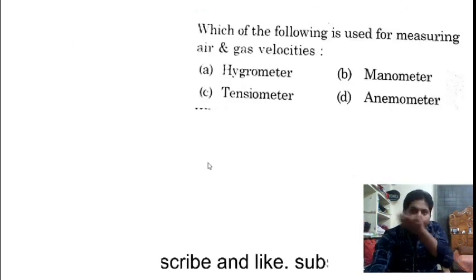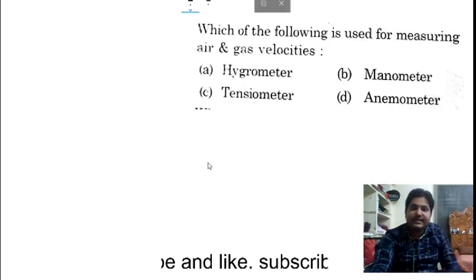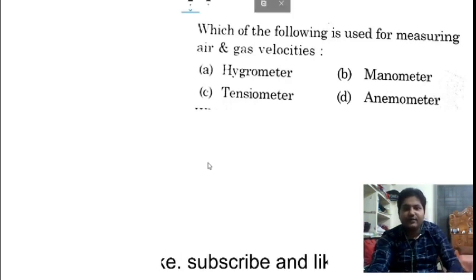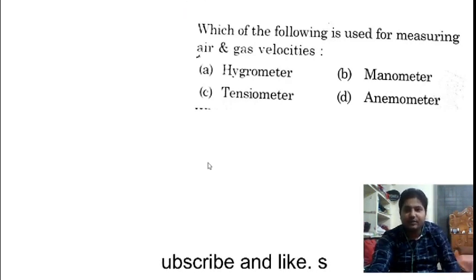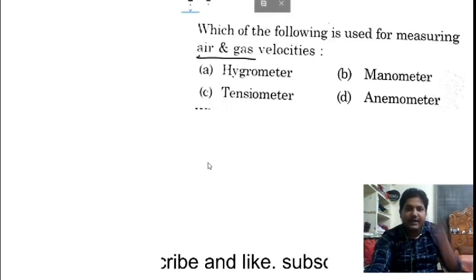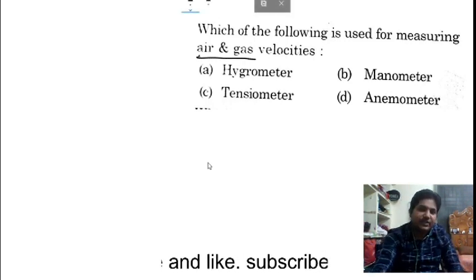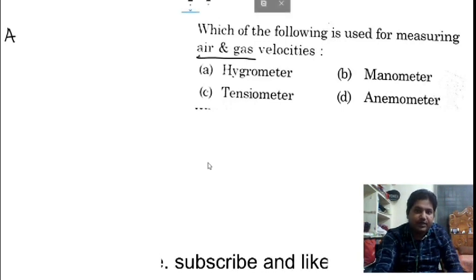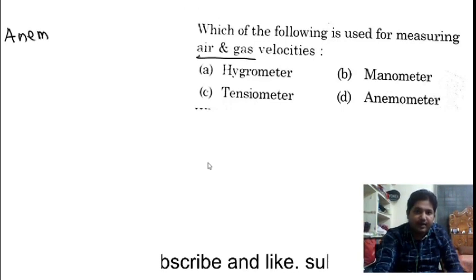Which of the following instruments do we generally use to measure the velocity of air and gases? The first instrument is the anemometer.